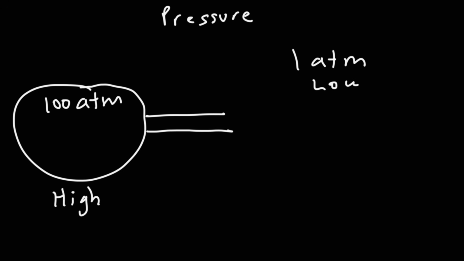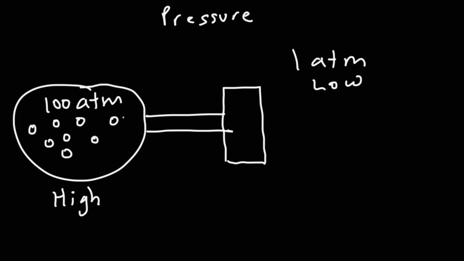On the outside, we have a region of low pressure. Now the gas particles in this container are going to be very close to each other because they're forced into a small region of space. And so when you force gas molecules into a small region of space, the pressure is going to go up. Outside of that, the pressure is low. So the gas particles are more spread out.